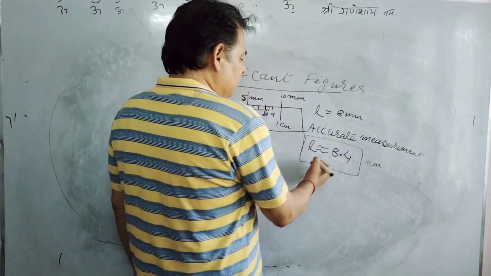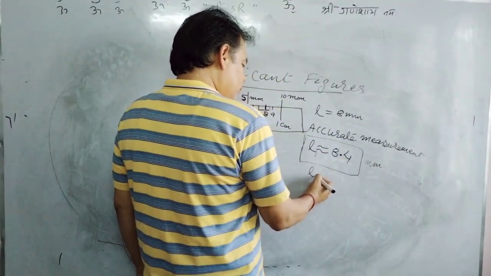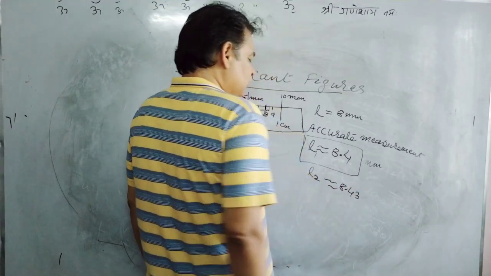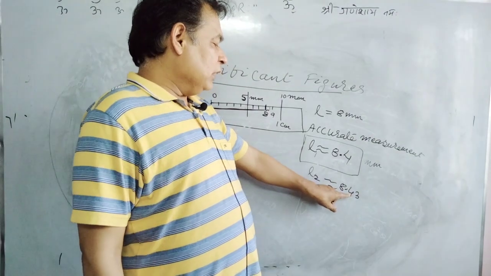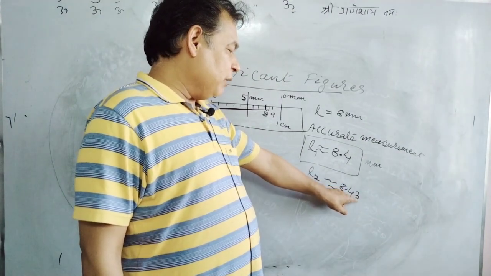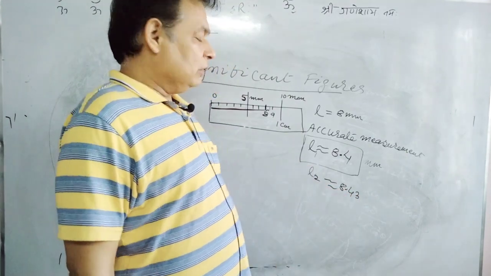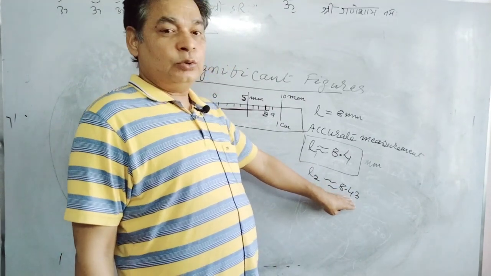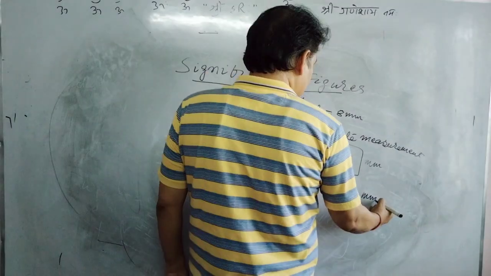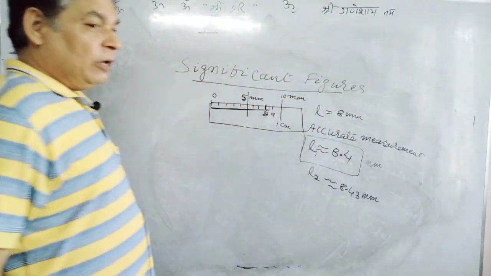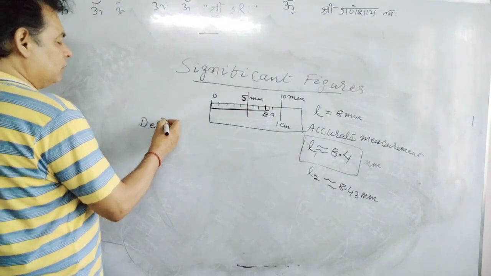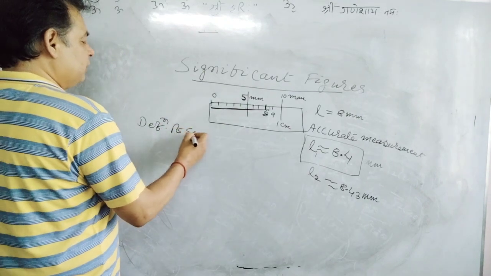If anyone is able to write more accurately, you can write 8.43. That's not 4.5, but it is something less than 4.5. So that is 4.3. It has a greater number of digits to express the measurement in millimeter, so it has a greater number of significant figures. So, the definition of significant figure.